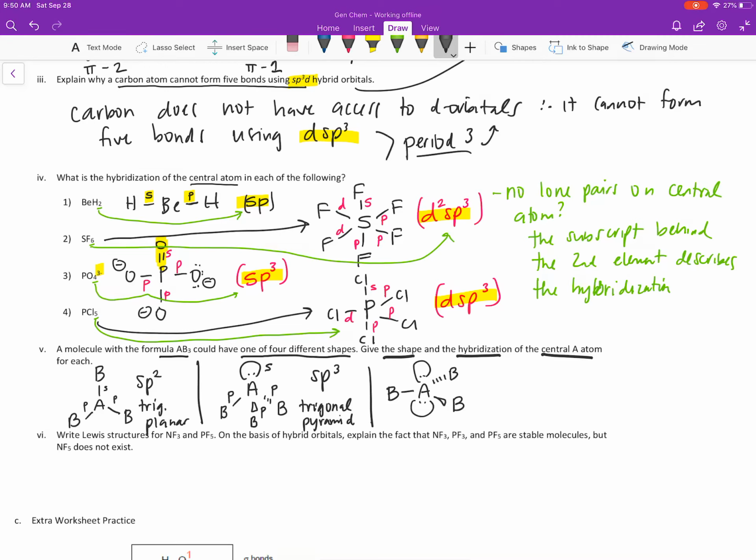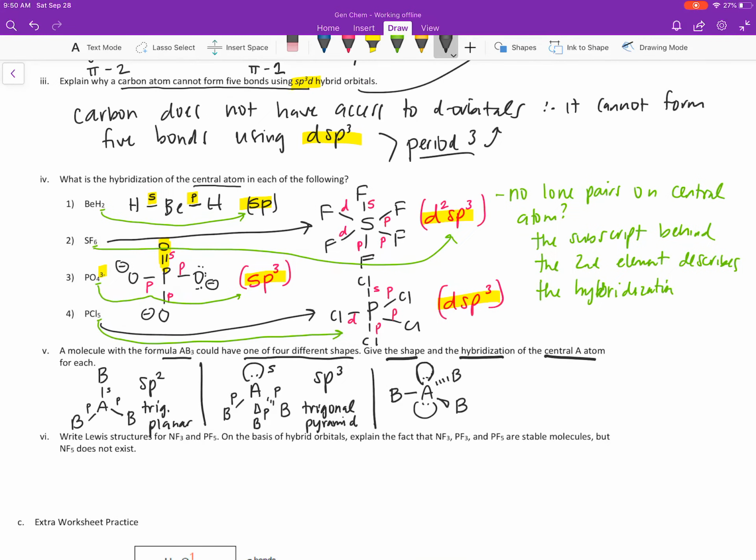The axial. The equatorial atoms are lost and replaced by lone pairs. So this is still trigonal planar. And it is s, p1, p2, p3, and d hybridized.